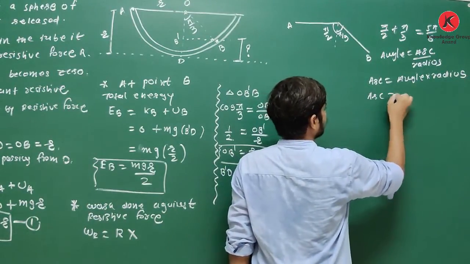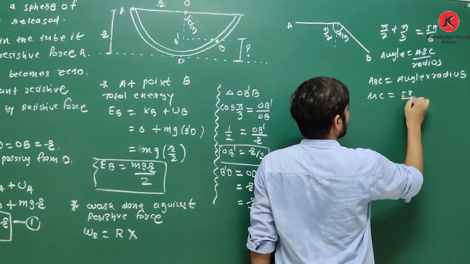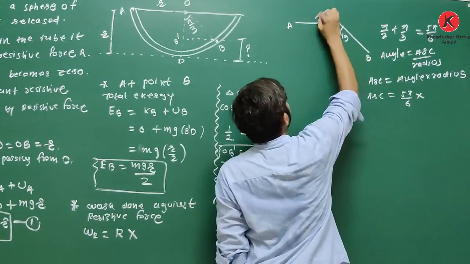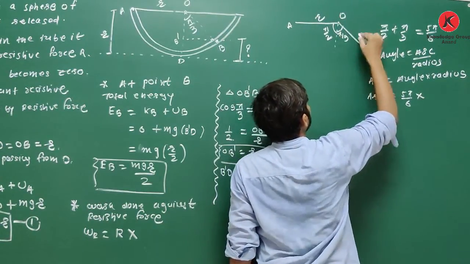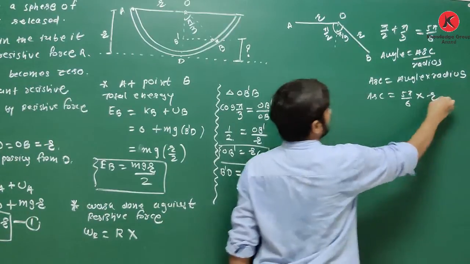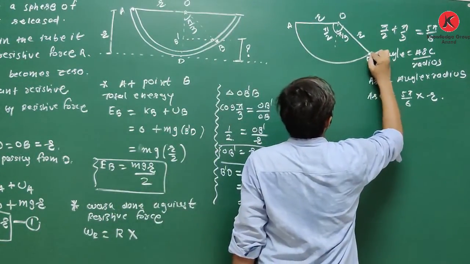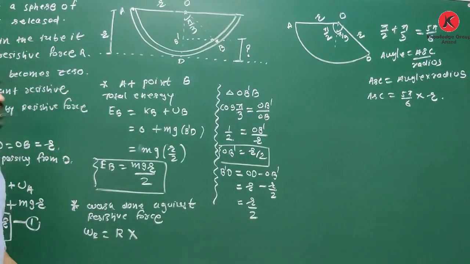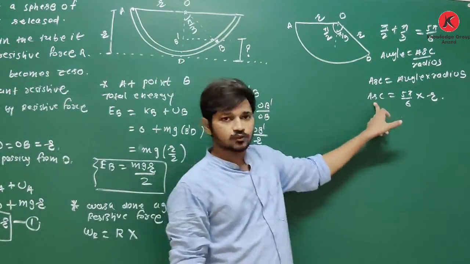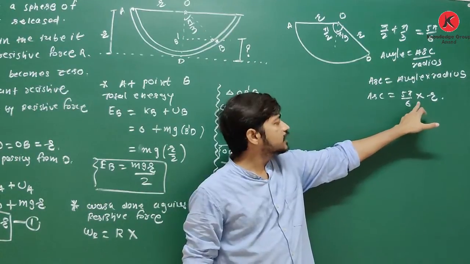The arc is equal to the angle, 5 pi by 6, and what is the radius? Yes, the radius is r. Clear about this? So you have to find this distance, and it is 5 pi by 6 into r.